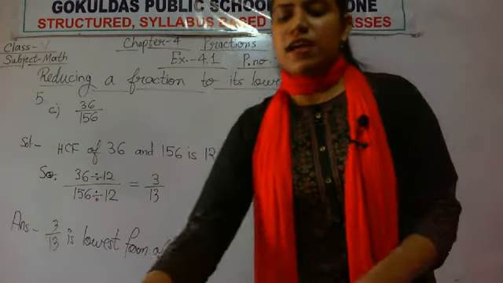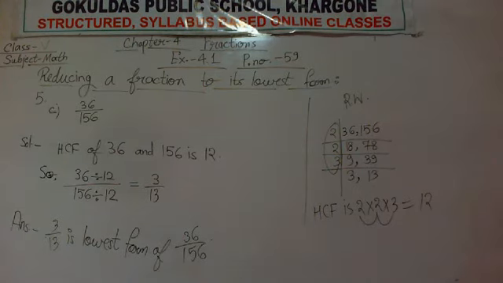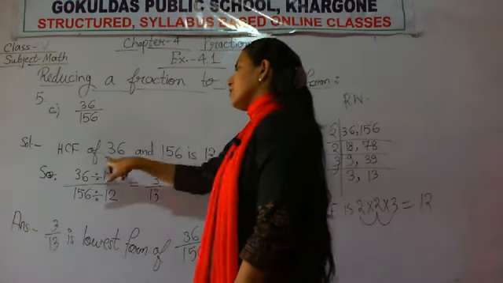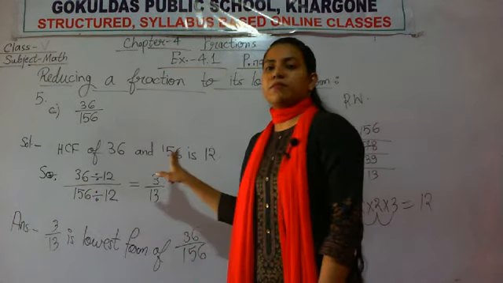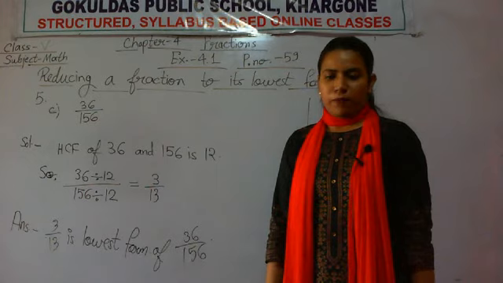Okay. So this is how we reduce the given fractions to their lowest form. This is the method. Only 2 steps you need to follow. First find the HCF, then divide the given numerator and denominator by HCF to get your final lowest form.